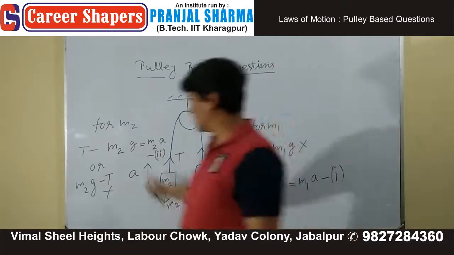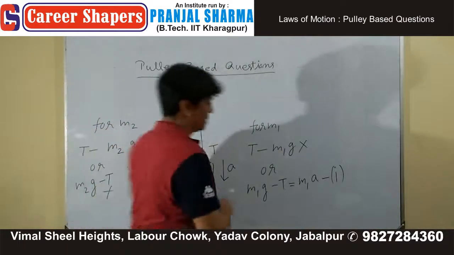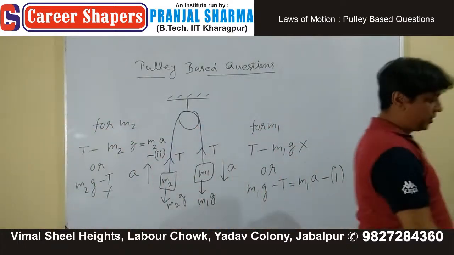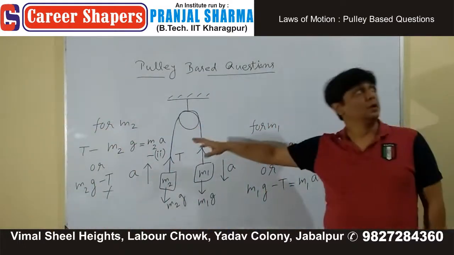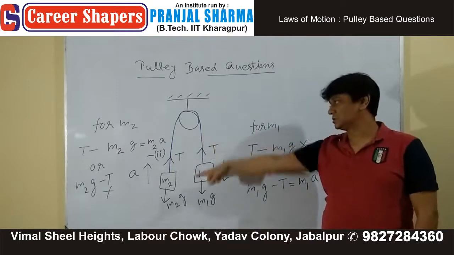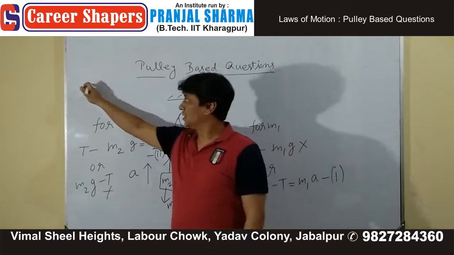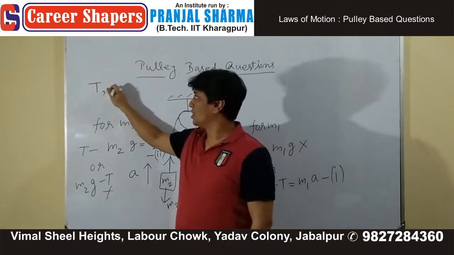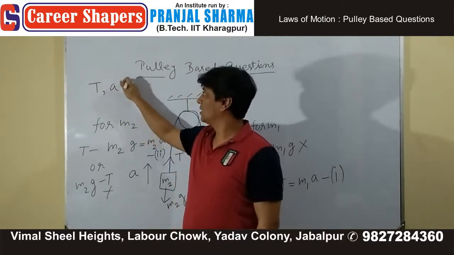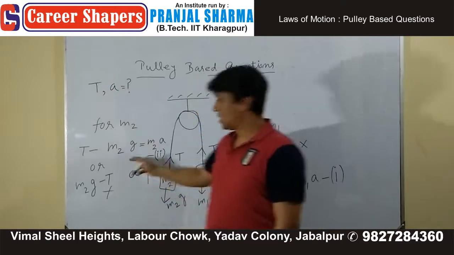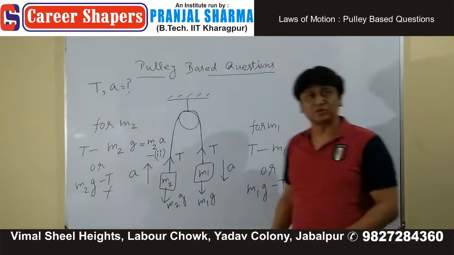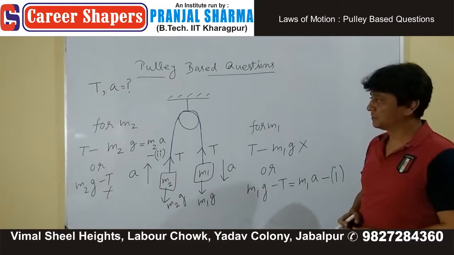Equation number 1 and equation number 2. Now, you've got two equations and two unknowns. There are two unknowns, T and A, and there are two equations. Everybody can solve these two equations.